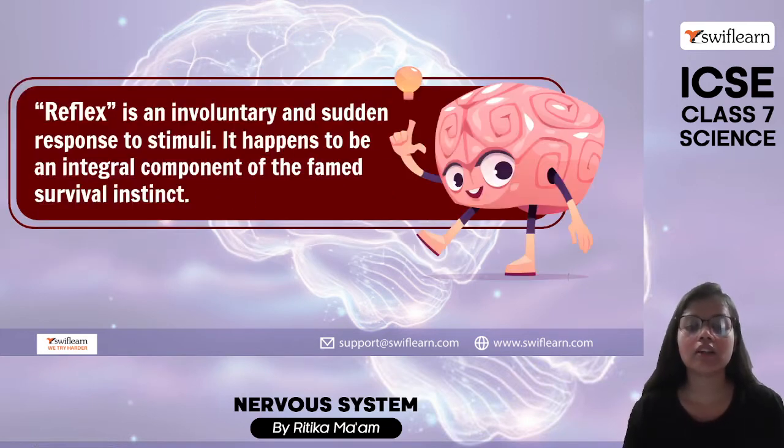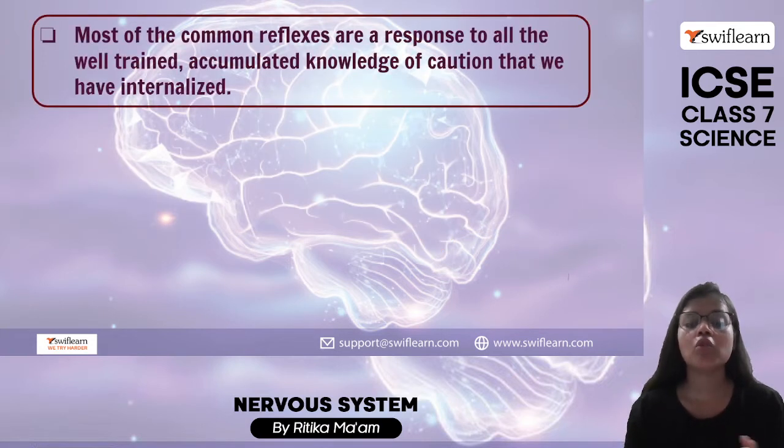So how to define a reflex action? Reflex is a kind of involuntary and sudden action, okay, and it happens to be an integral component of the famed survival instinct. So if I talk about touching any hot object, my brain doesn't take much time, okay, I do not think very much, I just immediately remove it. So those actions are known as reflex action. Most reflexes are responses to well-trained accumulated knowledge.